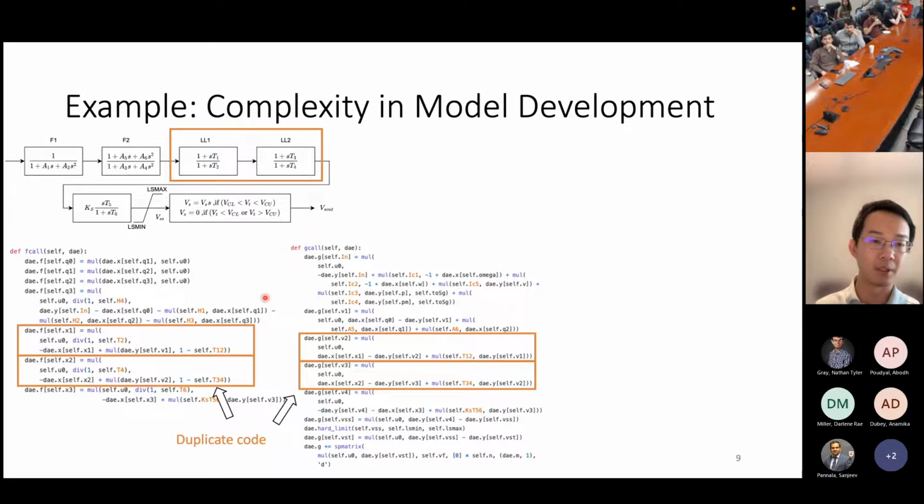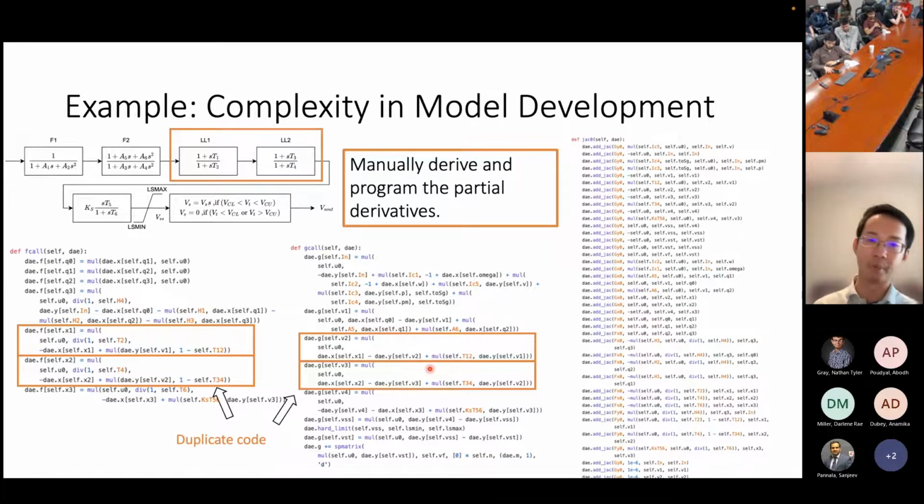As a result, in the code, we have duplicate code in the differential and in the algebraic equations. So these are unfavorable in terms of maintenance. And moreover, to utilize an implicit integration framework, one needs to manually derive and program the partial derivatives, which is again tedious and error prone.